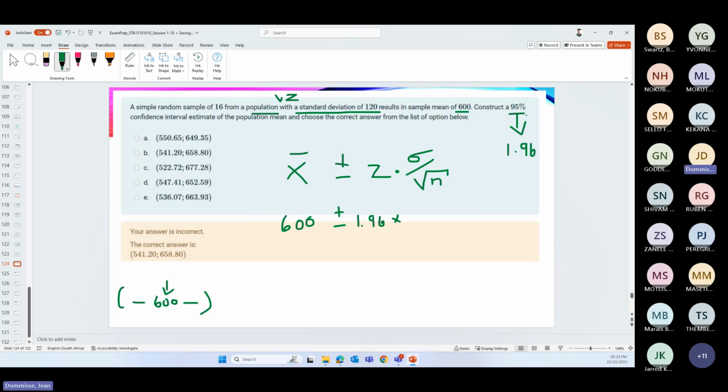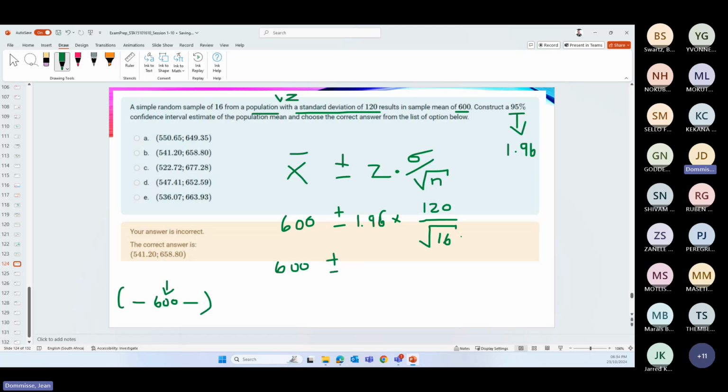From that table in your study guide, we can already identify that when the confidence interval is 95%, we can work with 1.96. Then we have our standard deviation of 120 divided by the square root of the sample size.